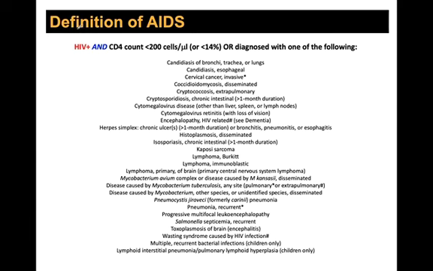And so the definition of AIDS really has three things. You have to have HIV positive. You have to have a CD4 count that's less than 200. So that's down in the bottom 14% of people. So that's really low CD4s. And then you have to be diagnosed with something else.